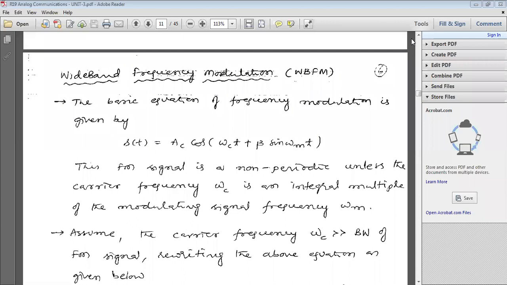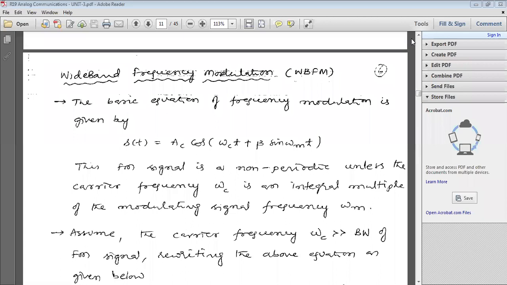So again from the starting of the topic I will again tell you. Put aside heading wideband frequency modulation. Here we observe the signal of wideband frequency modulation.